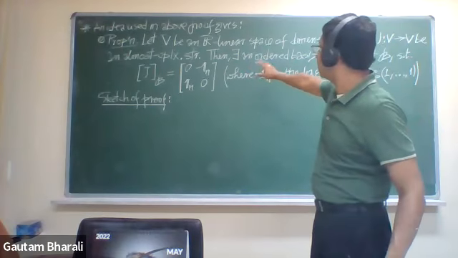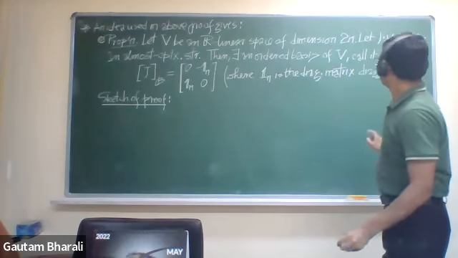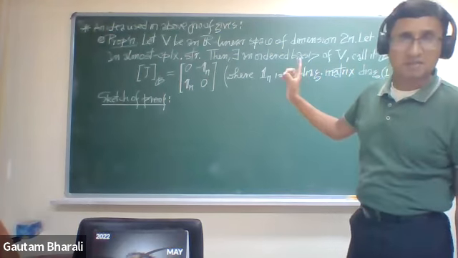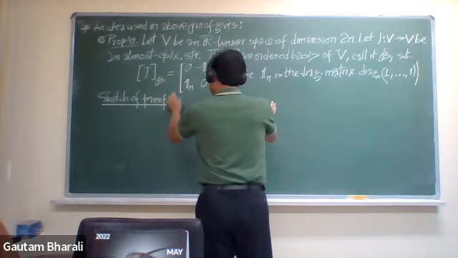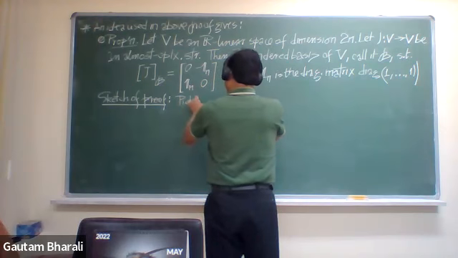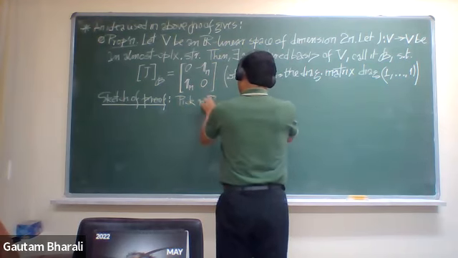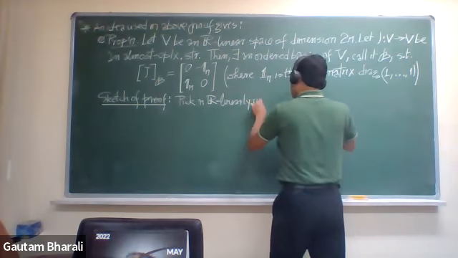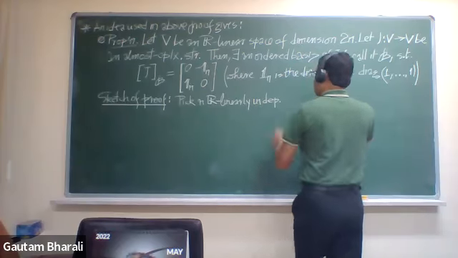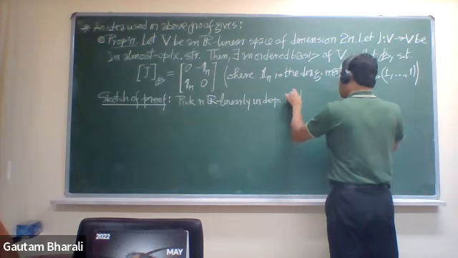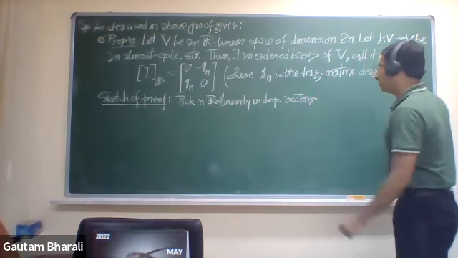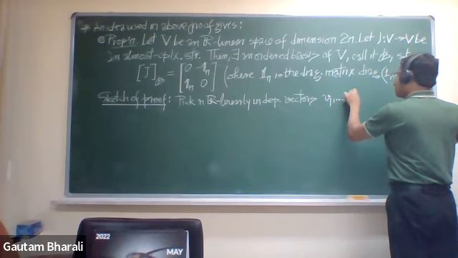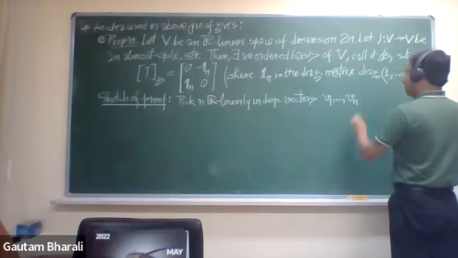So remember, since the dimension of this vector space is 2n, what I do is pick n linearly independent vectors, v1 through v sub n. So these are linearly independent.